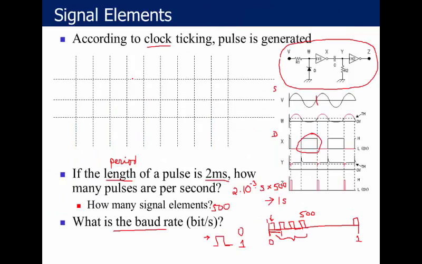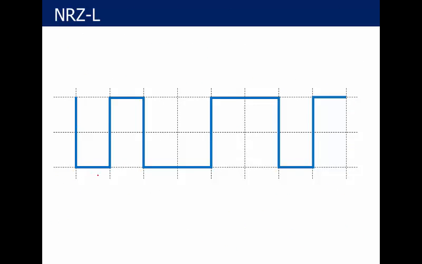Therefore, let's say we have this. Then there's a low voltage. This is high. We can say this is 5 volts, and this is 0 volts, right? Is this unipolar or bipolar encoding? This is unipolar encoding, because we have all the same sign.